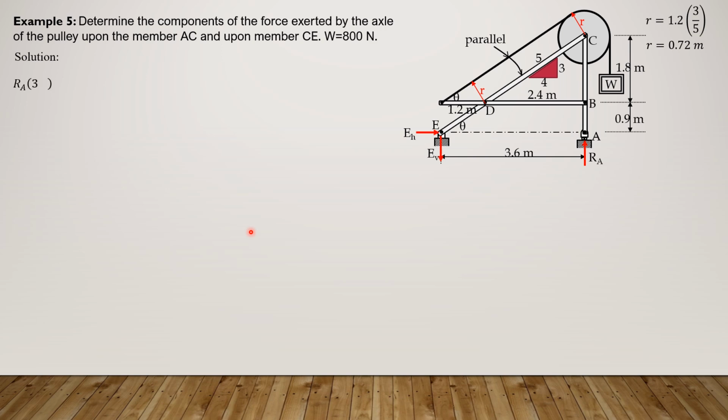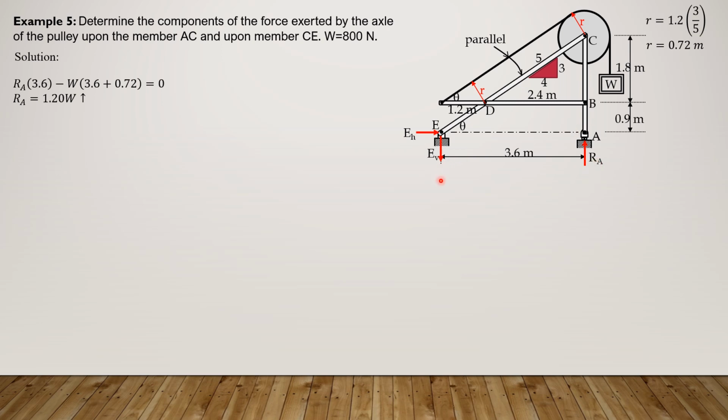So summation moment about E equals 0, counterclockwise positive. So R sub A times 3.6 minus W times the distance of W, quantity 3.6 plus the radius. So the radius is 0.72. So R sub A is equal to 1.2 W. Then summation forces vertical equals 0. This is 1.2.